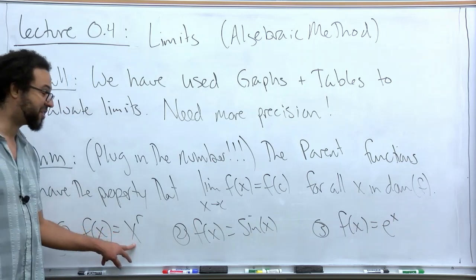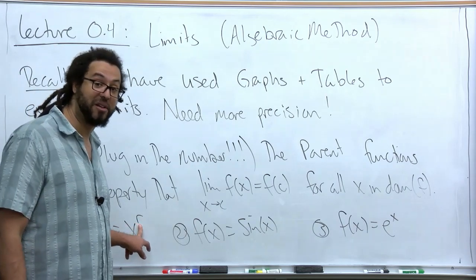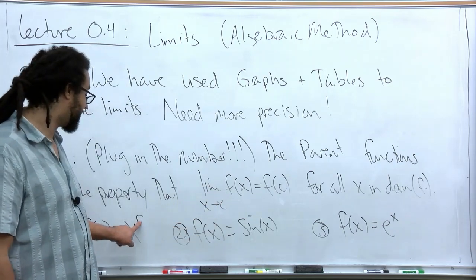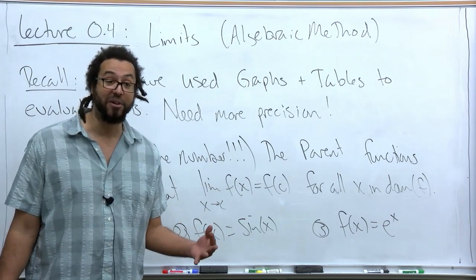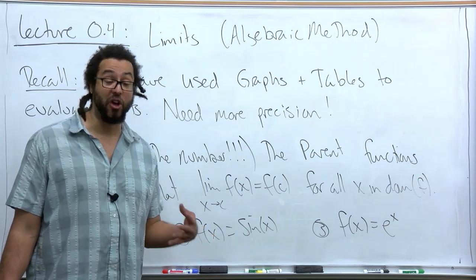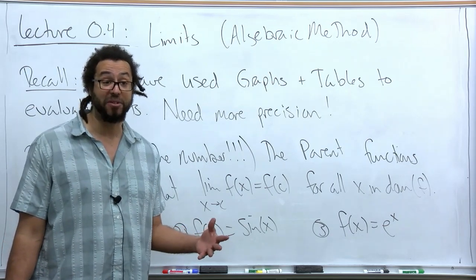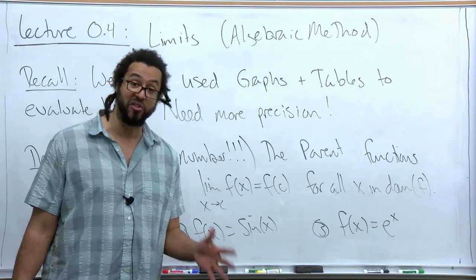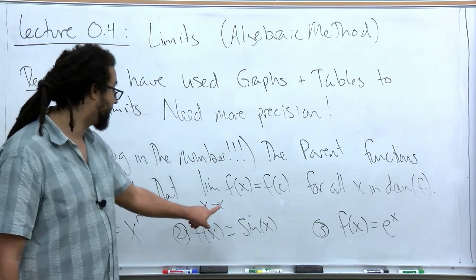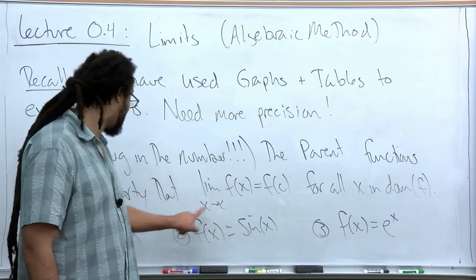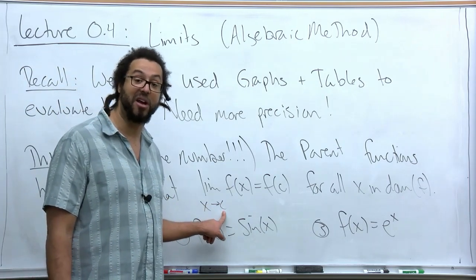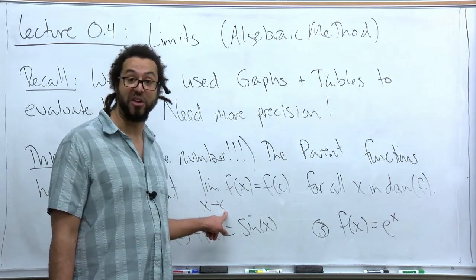Remember, the power functions, though, depending on what r is, the domain can change, so you just need to be careful. For example, if r is 1/2, then the domain of x to the 1/2, or square root of x, is just all real numbers bigger than or equal to 0. So this theorem would only work for the function x to the 1/2 as long as c is a number bigger than or equal to 0.